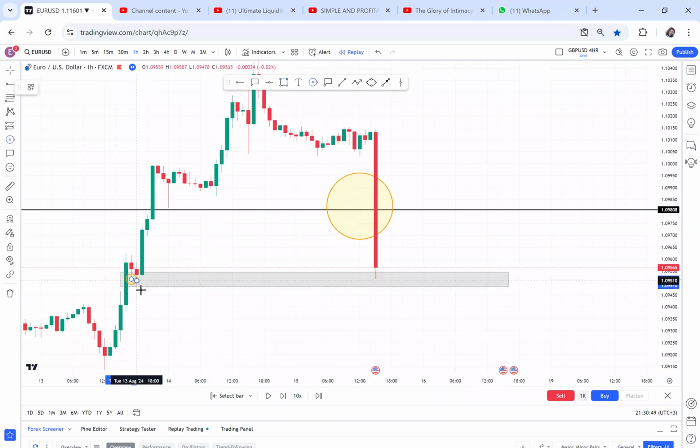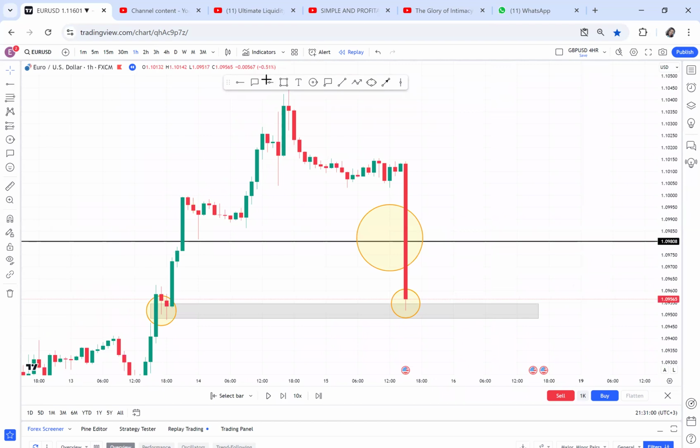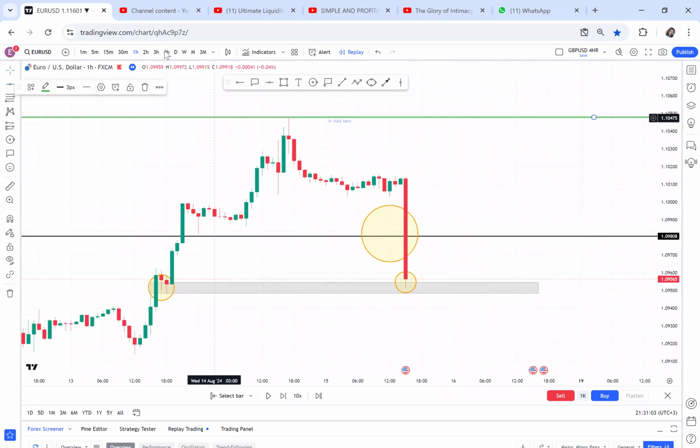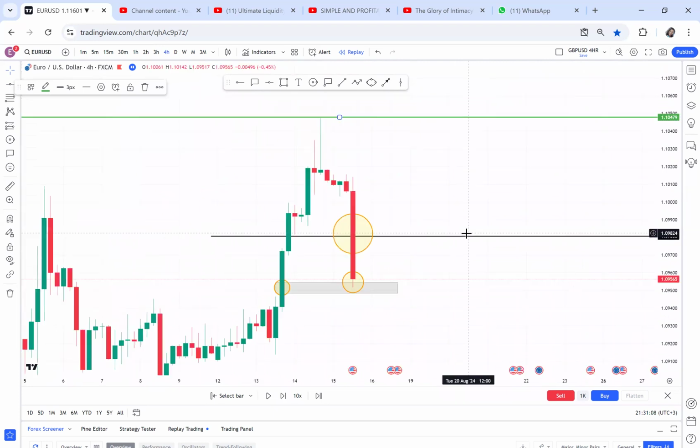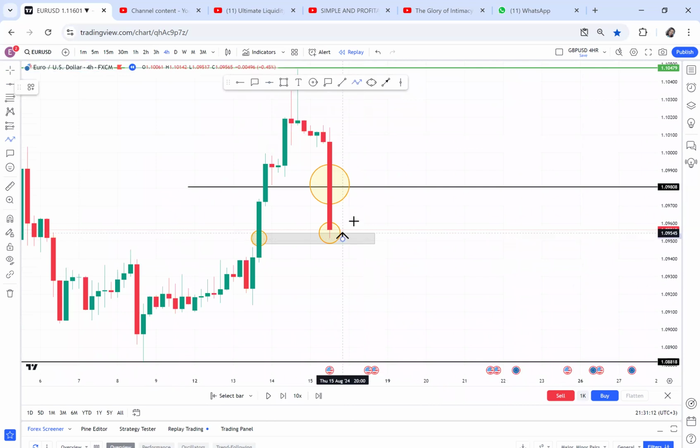So what I'm trying to teach you, it's you now to go and practice. It happens all over, everywhere. As long as you find a break of structure and you are ready to enter that trade, first think before you enter, because this double bottom was not on the 4-hour. So for 4-hour, people are trading the break of support and they want to continue selling because according to them, the market will obey that.